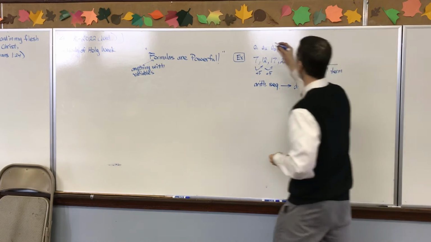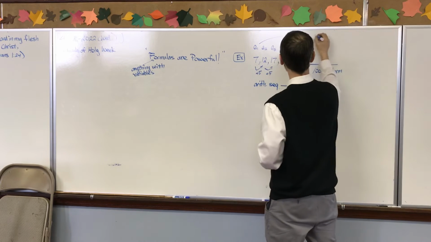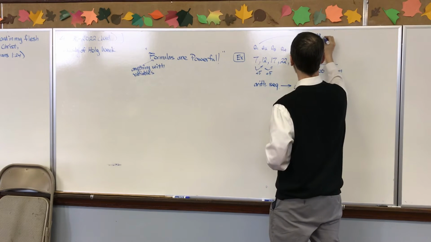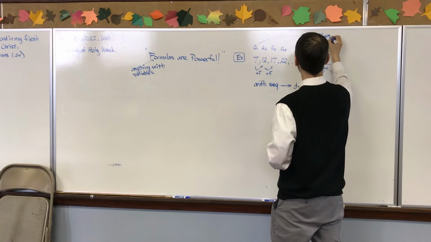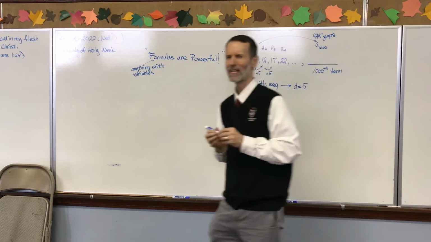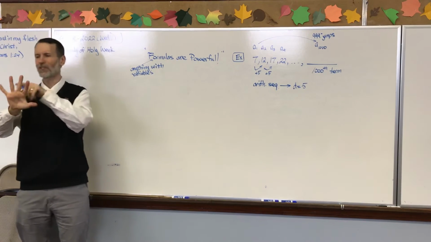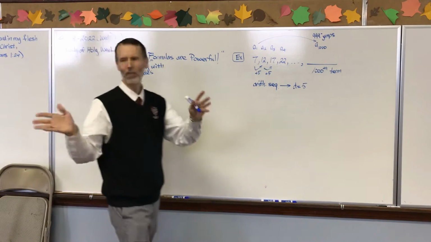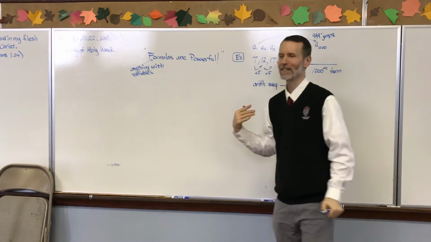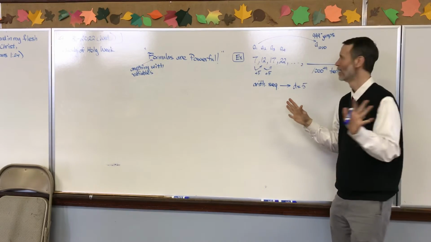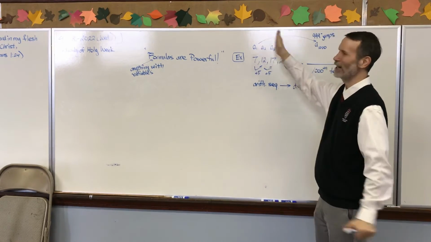To go from A1 to A1000, there are 999 jumps. If you have 5 fingers, there are 4 spaces in between. The number of spaces in between is always one less than the number of thingies you have. So if there are 1,000 thingies, there are 999 gaps.